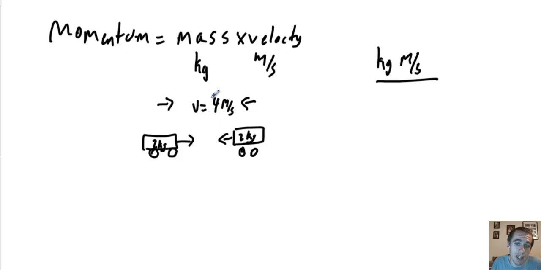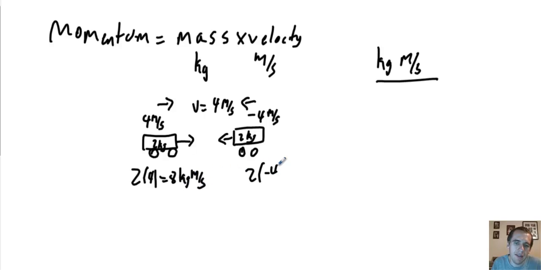Yes, they have the same speed, 4 meters per second, but this one has a velocity of positive 4 meters per second, and this one has a velocity of negative 4 meters per second. And that negative tells us about a direction. But that means this one's momentum is 2 times 4, or 8 kilogram meters per second, and this one's momentum is 2 times negative 4, which is negative 8 kilogram meters per second.